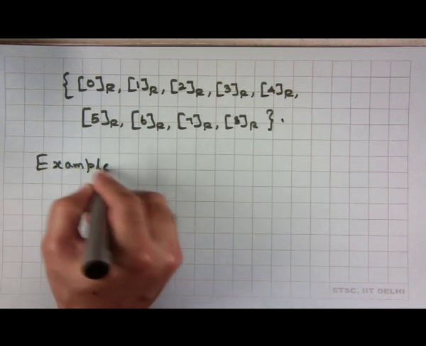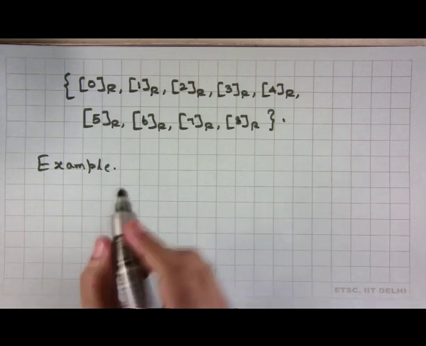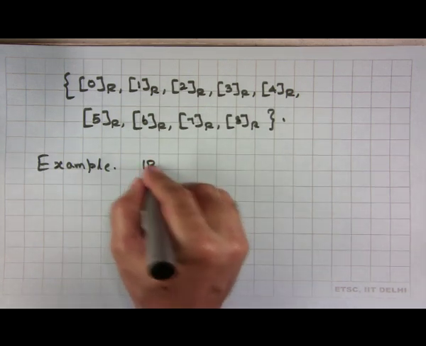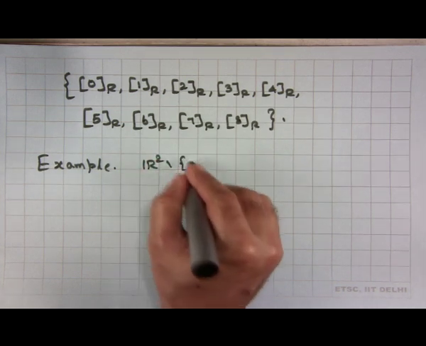The example that we had from geometry, let us look at R 2 minus 0.